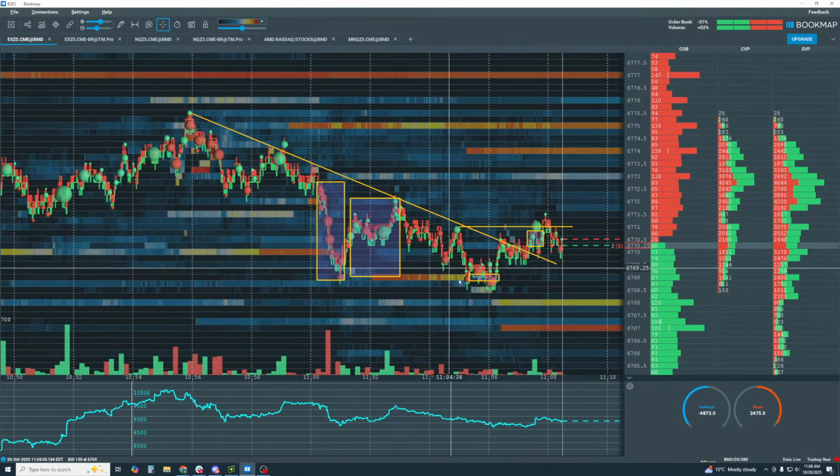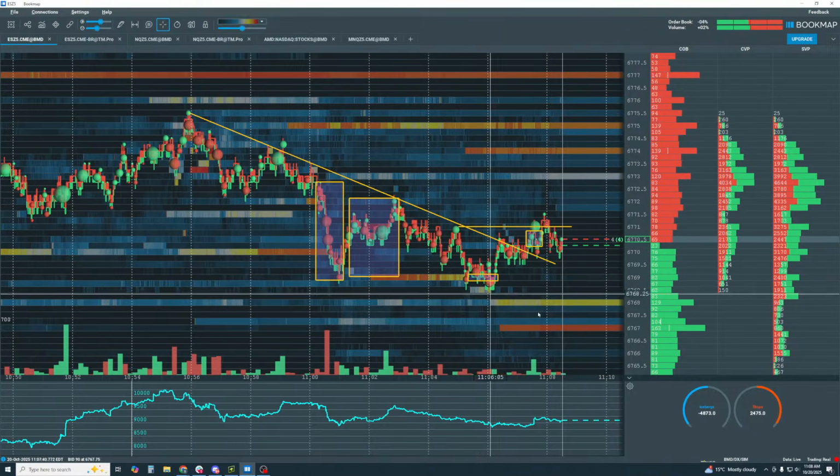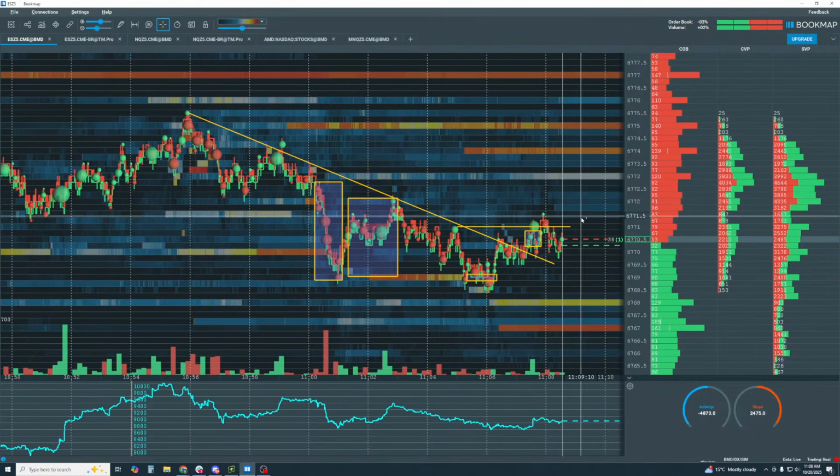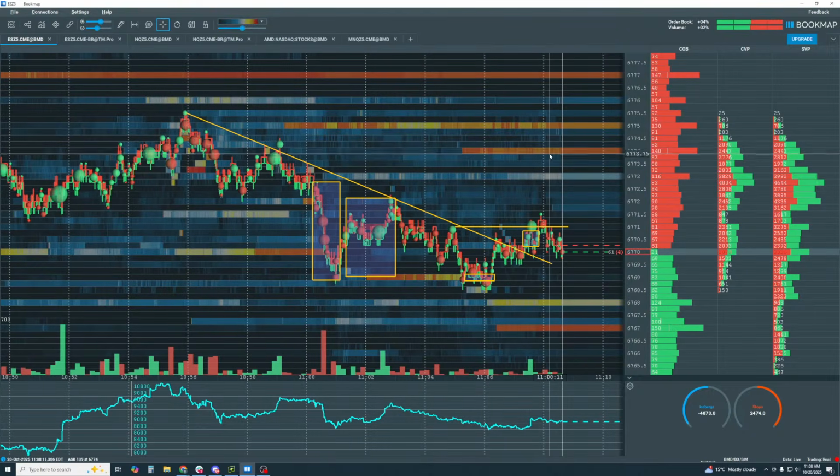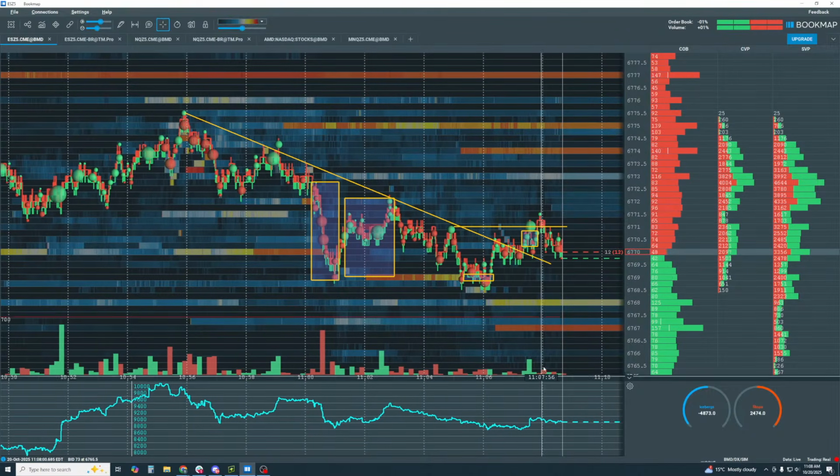Because I'm not seeing sellers down here. Now they may come in, but if we get a buying cluster back up in here, it would start to look pretty good to come back up and revisit the highs of the day.